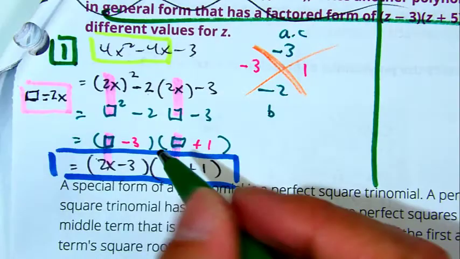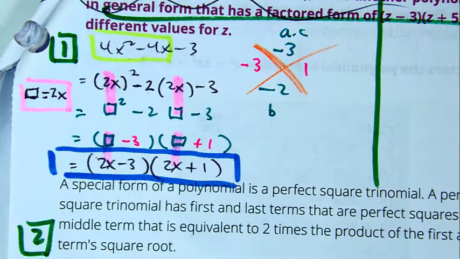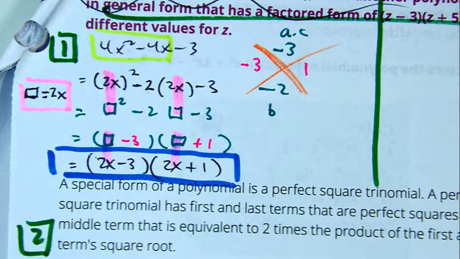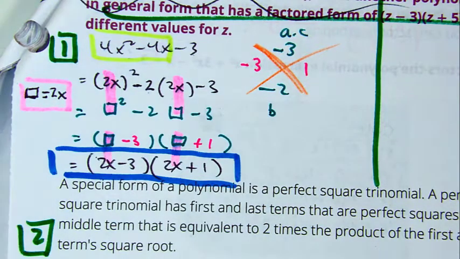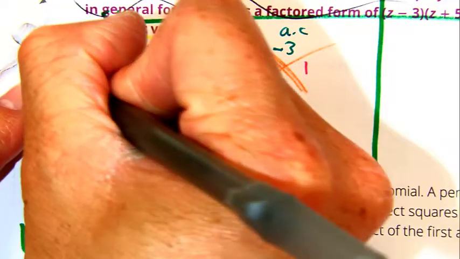Talk to your partner, 20 seconds. Trisha, we just factored.